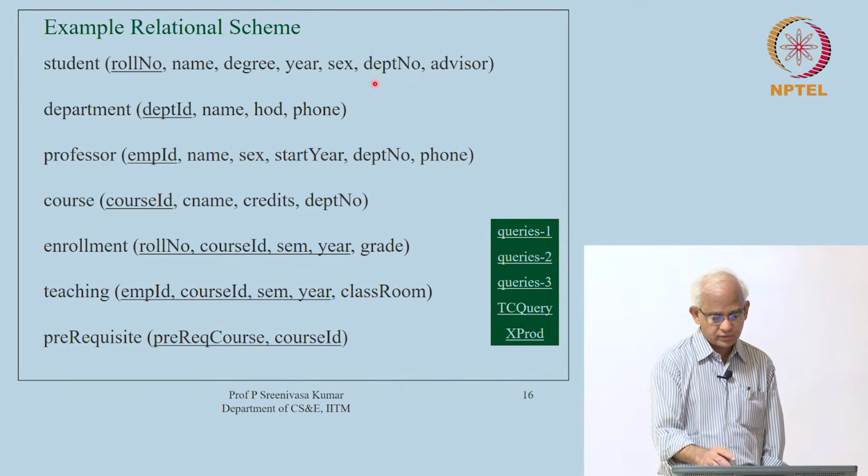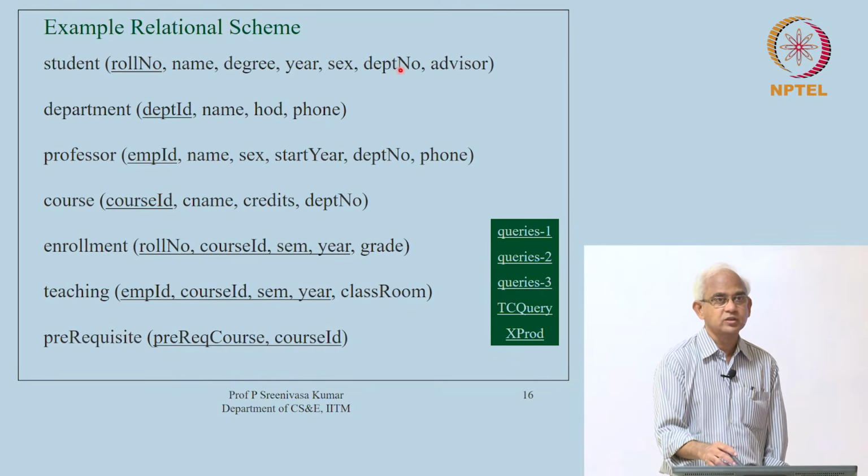So, for example, here department number is a foreign key, right, because this is the one that we will use in the student tuples to identify the department in which that particular student is present, and then we can use this to link up with the appropriate department tuple.